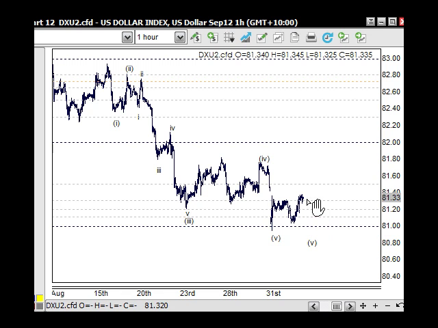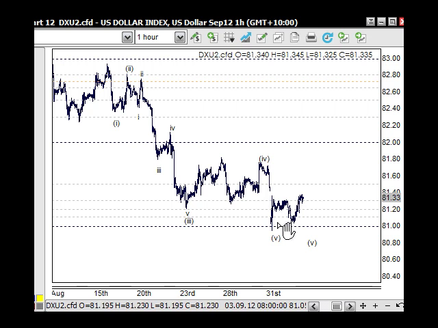So if it does find support on here, which is checking it out now, then we can expect it to move up to the 50, and that's going to push the other commodities down somewhat. And if it finds support on the 50, then obviously we're starting to create a top in place for those commodities. So it's in quite a critical condition here.